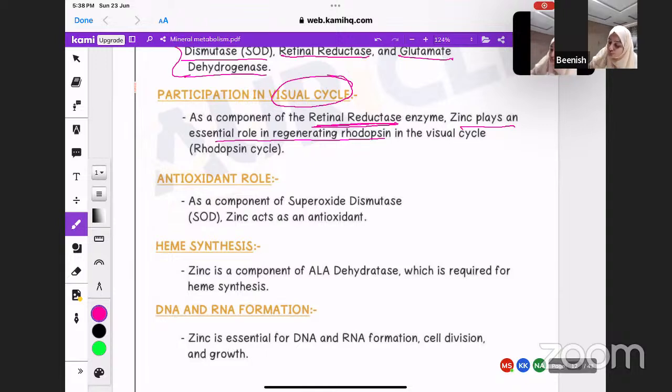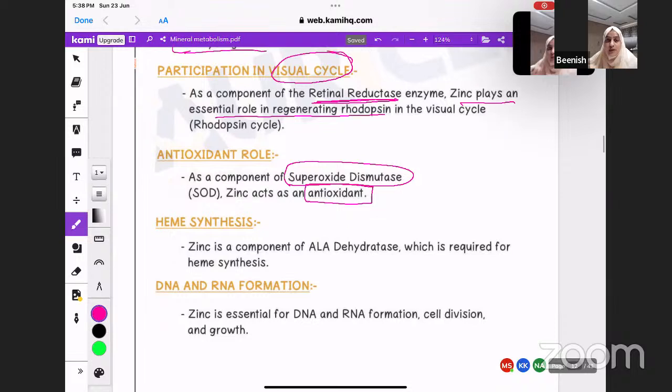It is a component of superoxide dismutase, and superoxide dismutase is involved in reducing oxidative stress, or we can say it is involved in free radical scavenging. So in that way zinc has an antioxidant role because it is an important component of superoxide dismutase.